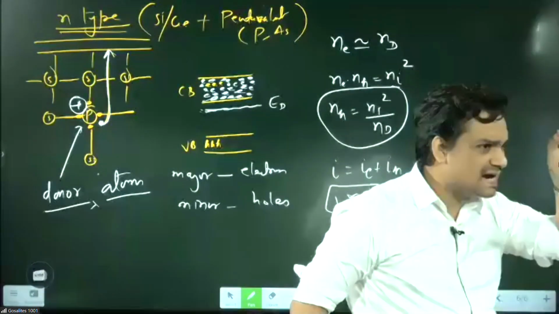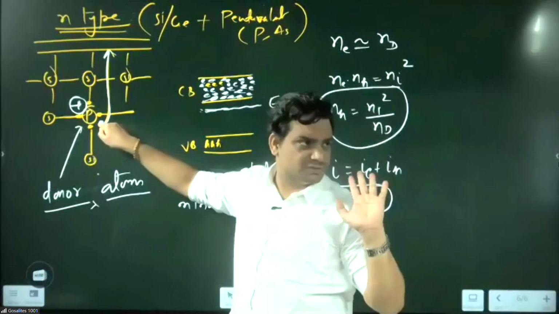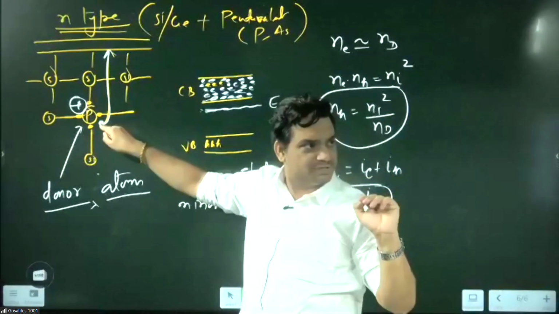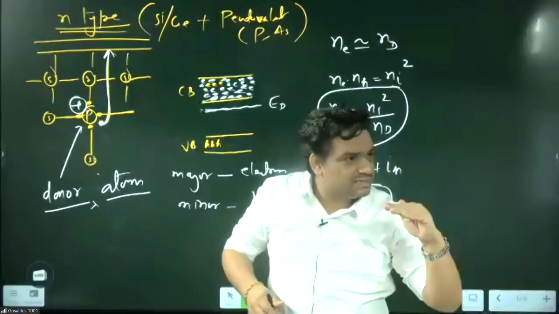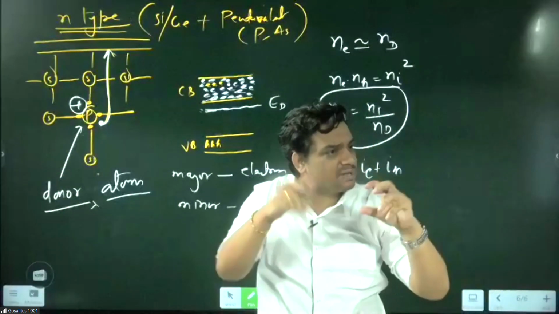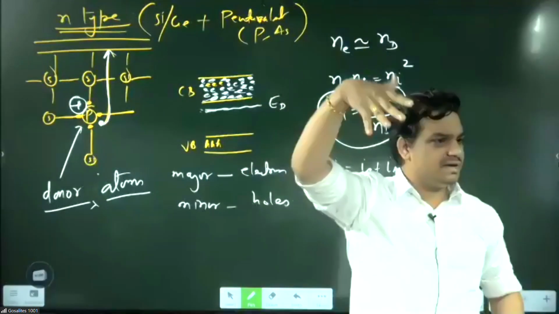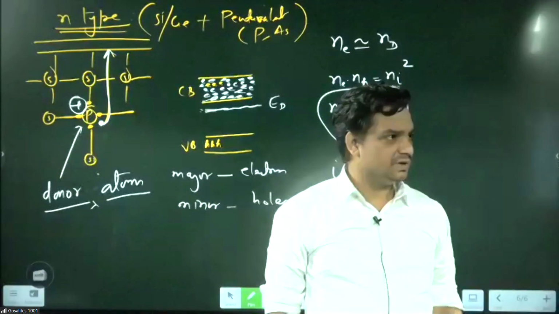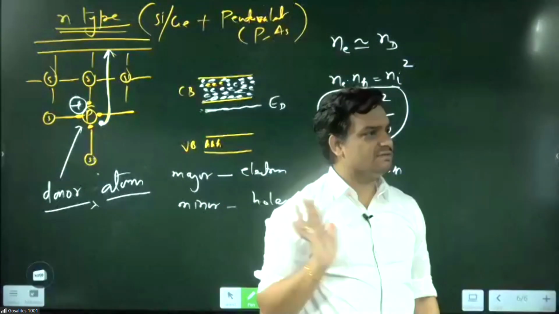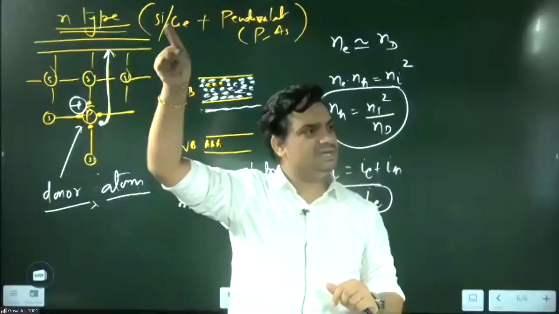If it's slightly less, some energy it can get from temperature also. So if energy is slightly less, it can easily go to the conduction band using thermal energy. Suppose to reach the conduction band it needs 100. It is having 80. So 20 energy it can get from temperature, then it can easily reach.